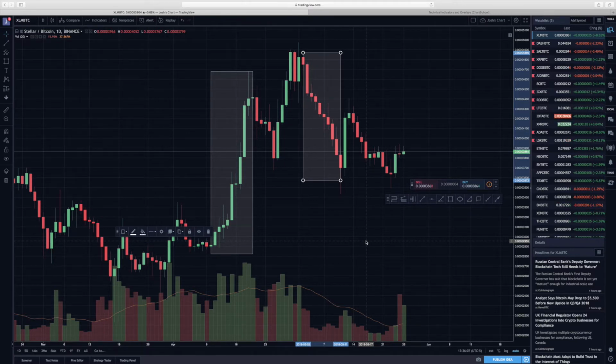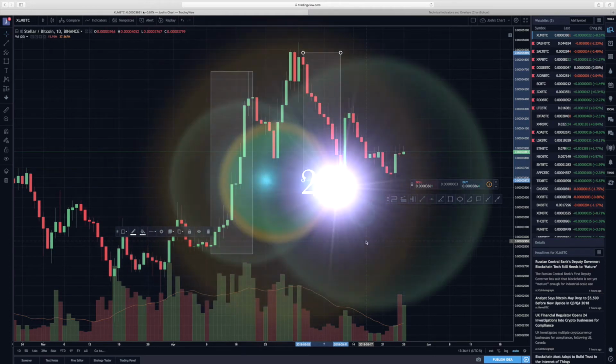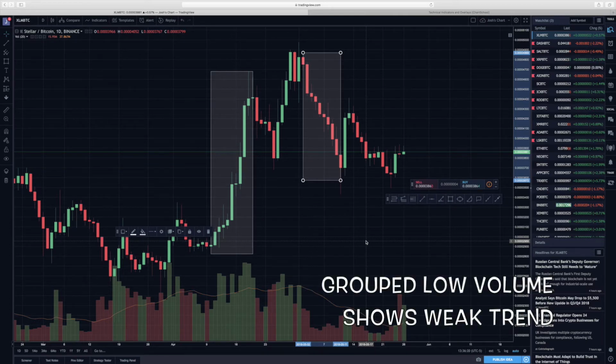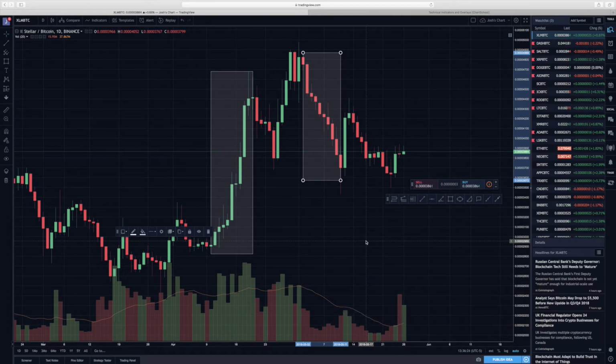I wouldn't just go straight trading off of that, but that does indicate what trend is coming up. Also, grouped high volume or grouped low volume will let you know whether the trend is strong or weak or going to be easily manipulated. So you keep those two things in mind and you add that onto your trading strategy. I guarantee you'll be making better trades.